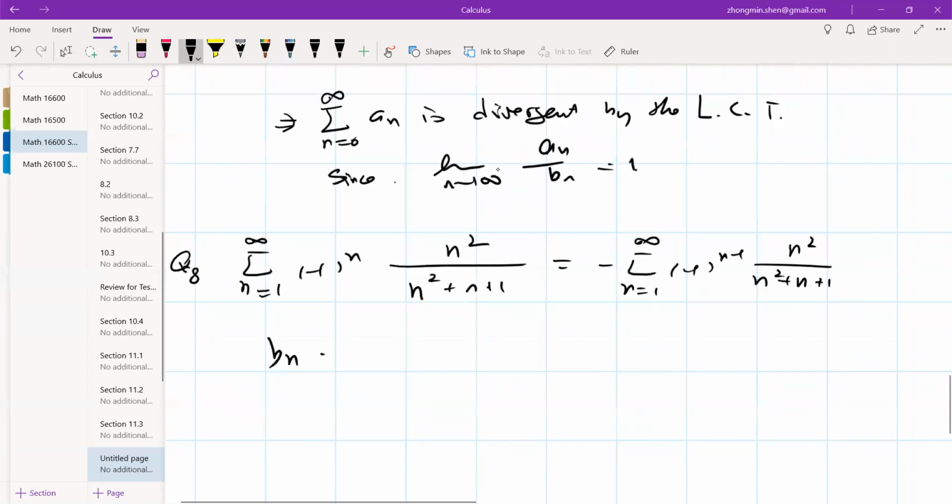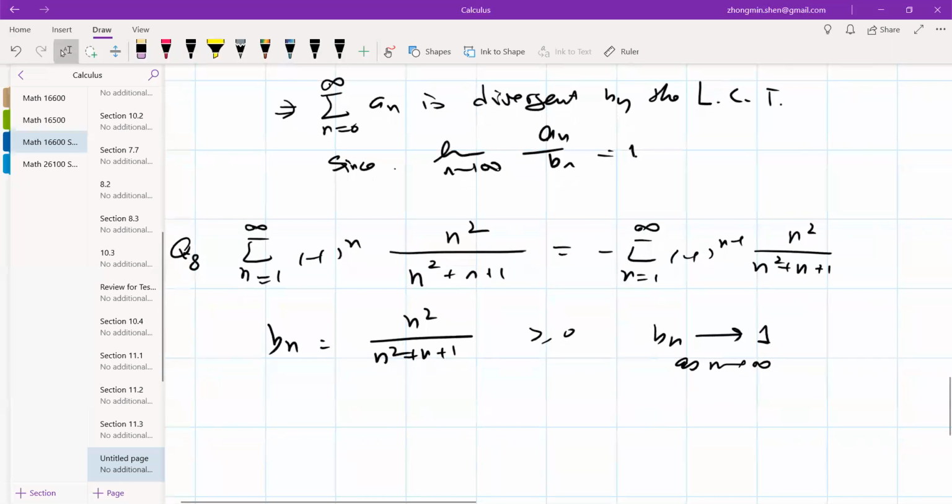Bn is n squared over n squared plus n plus 1. This is positive, no problem. But Bn converges to 1, not 0. It's obvious that it converges to 1: n squared is the numerator, n squared is the denominator.